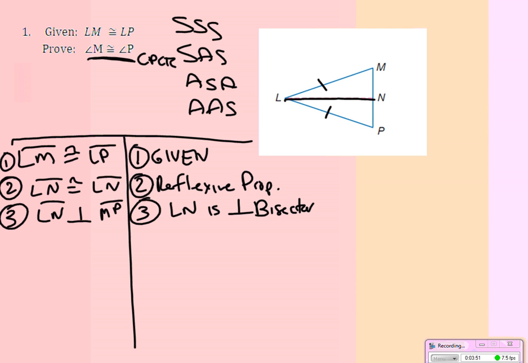That means two things: it's perpendicular and it's a bisector, so it cuts these into two equal pieces. Now I've got a couple of different ways I can go. If it's a perpendicular bisector, I can say MN is congruent to PN by definition of bisector.